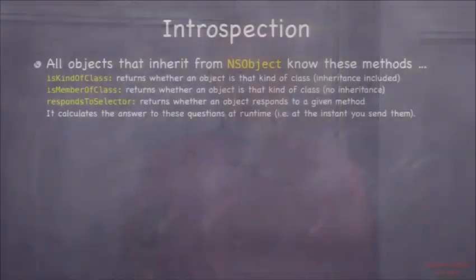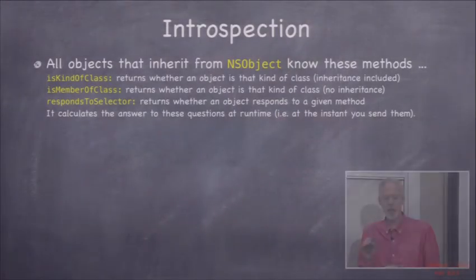But that's another way we protect ourselves against ID. An ID with the angle brackets is kind of in between pure ID and static typing. Instead of static typing the type, we're just static typing the messages that the thing can respond to. So it's kind of in the middle in terms of safety. All right, so let's talk about introspection, though. There's a few introspection methods in NSObject.